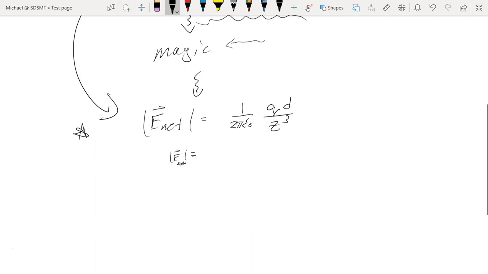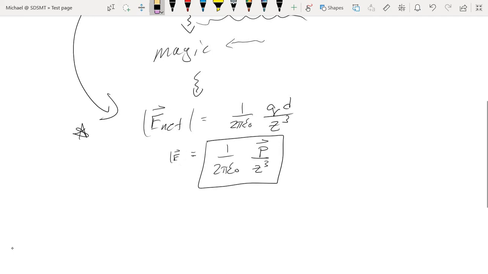So our electric field of the dipole is 1 over 2 pi epsilon naught p over z cubed. And since the dipole moment is a vector, we can then say that the resulting electric field is also going to point in the direction of that dipole moment.